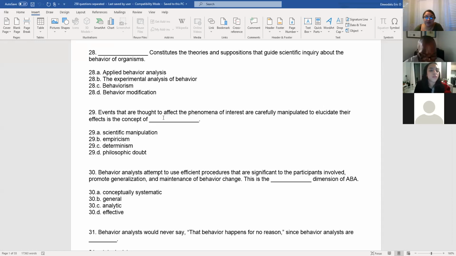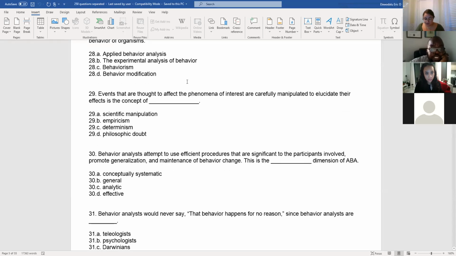It's part of the 4 branches of behavior analysis. So B is the experimental analysis of behavior, which is the EAB. I thought behaviorism had to do with theories. It doesn't, it's just thrown in there. The answer is B. Yes, the answer is B, 28.